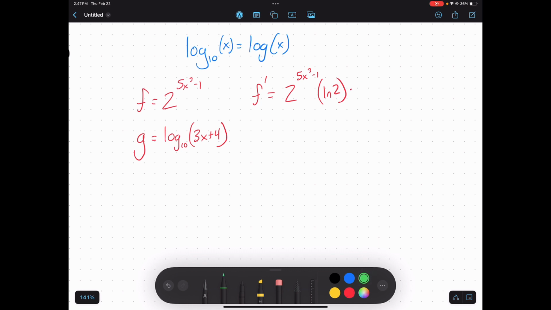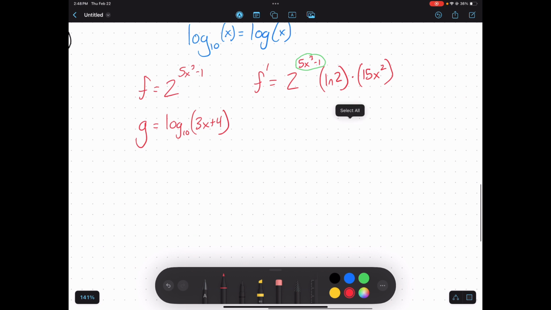What's my derivative of this piece? That's just 15x squared. We okay with 15x squared? That's just 5 times 3. That's where the 15 comes from. Okay, so there's my derivative of my first function.